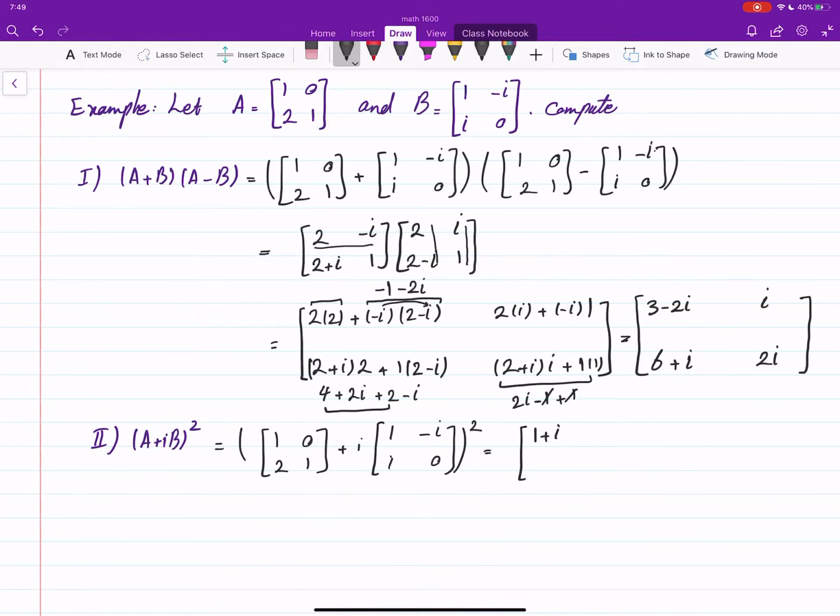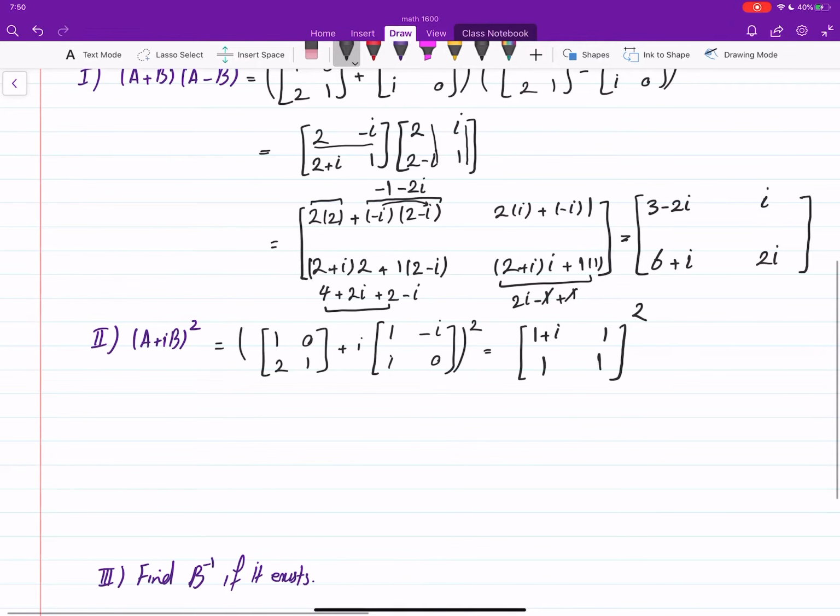This will be 1 plus I. 0 plus I times negative I. I times negative I is 1 plus 0 is 1. We are going to find the square of that at the end. 2 plus I times I is negative 1. So 2 minus 1 is 1. And 1 plus I times 0 is 1.